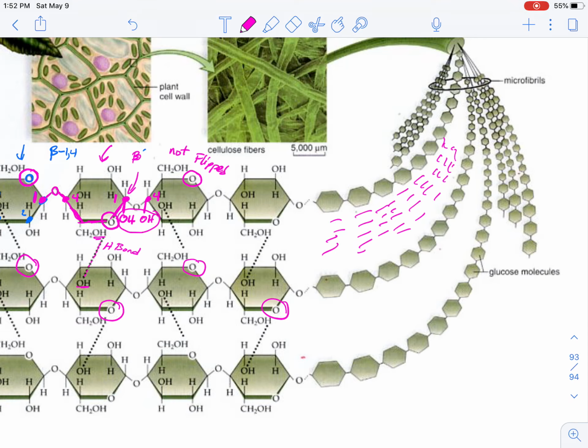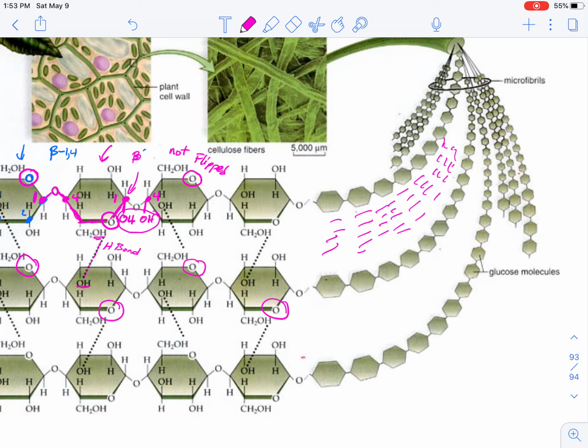Okay, and so if you recall glycogen and amylopectin, all of those glucose monomers were either linear or branched. And so for cellulose, those strands interact together, they're not held by covalent bonds through a branching point. What they are held by is simply an intermolecular force, which is a hydrogen bond.